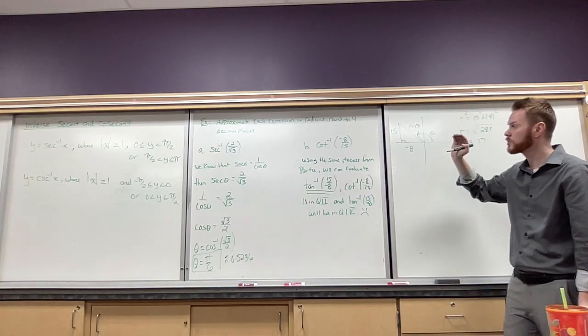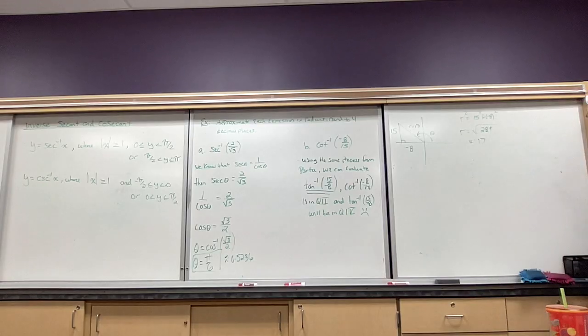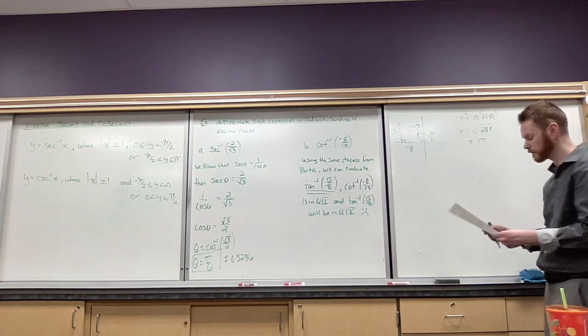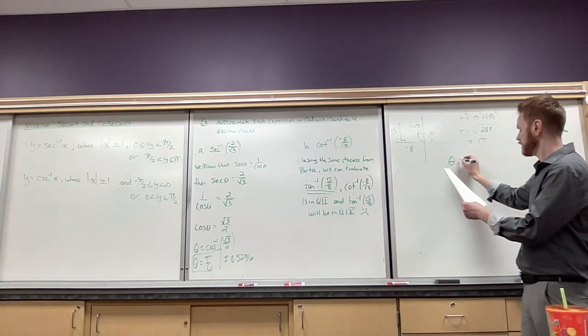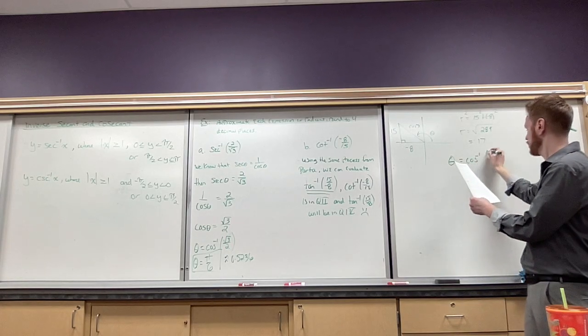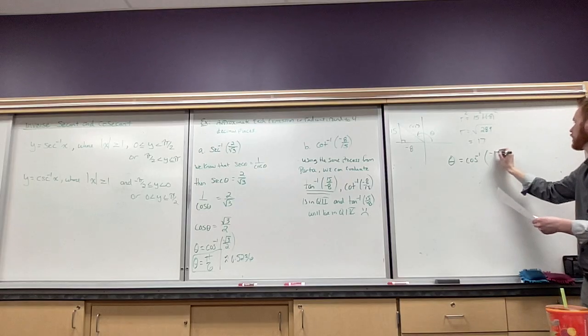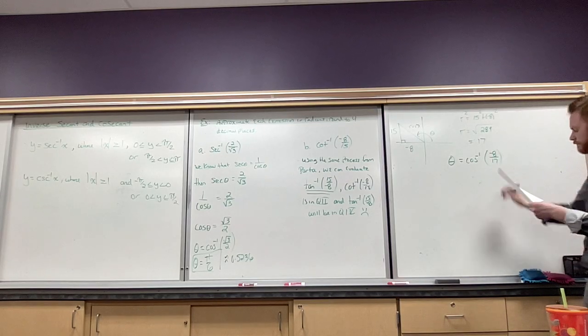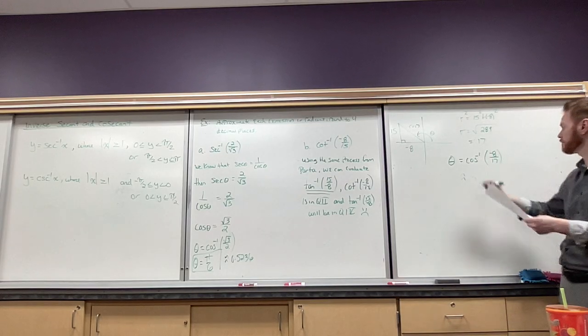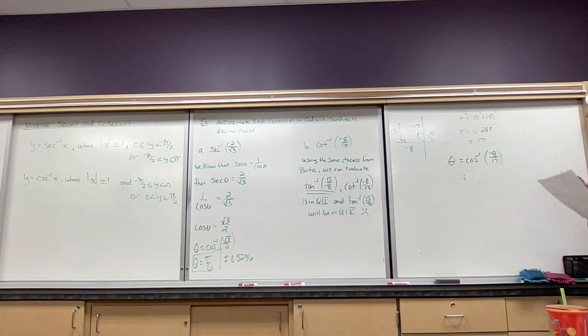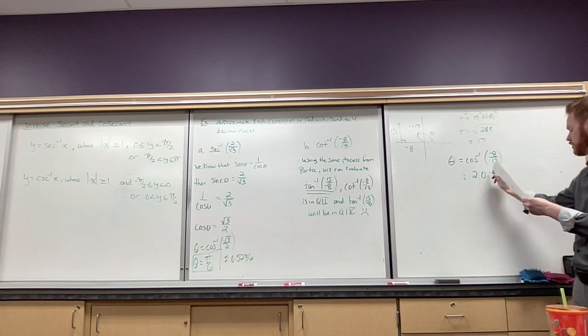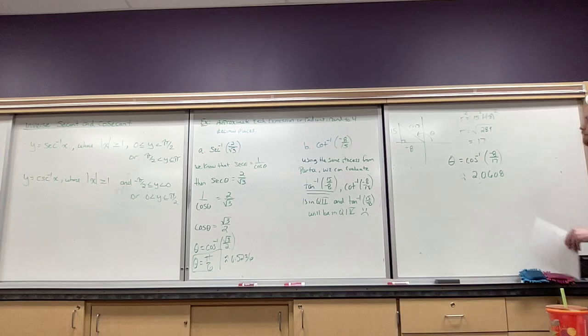Cosine would be in the second quadrant. It matches its restricted y values. If I did sine, I'd have to use reference angles. So I think cosine's a better fit for this. So my theta is going to be equal to the inverse of cosine of negative 8 over 17. This you do have to plug in the calculator. So when you do that, you get 2.0608.